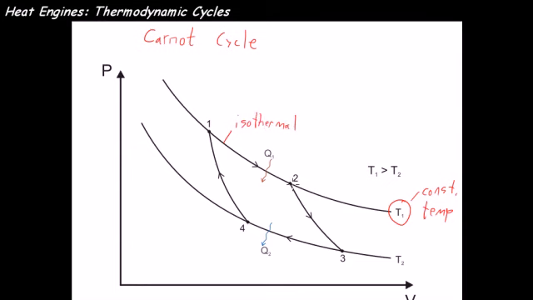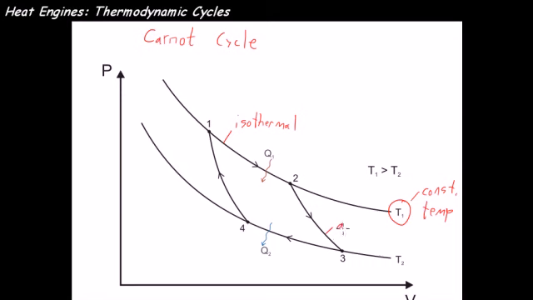And now I have point 2 to point 3. I'm decreasing in temperature, and I am increasing in volume, and I'm decreasing in pressure. So I'm changing P, V, and T, but there's a special effect happening here, which means that my heat is not being transferred with the outside world.